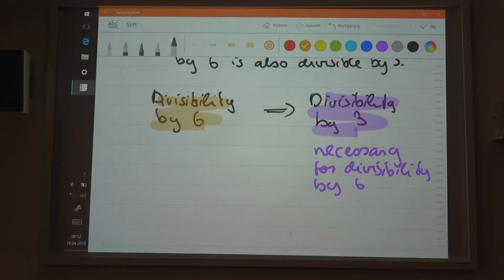I apologize, I'm using different colors so you can identify it. So if a number is divisible by 6, then it's going to be divisible by 3. You understand what I'm saying? So that's actually the same thing, guys.